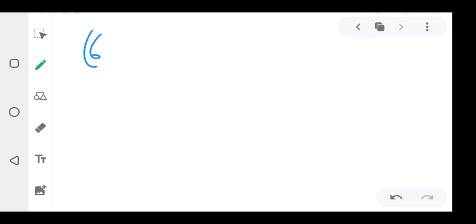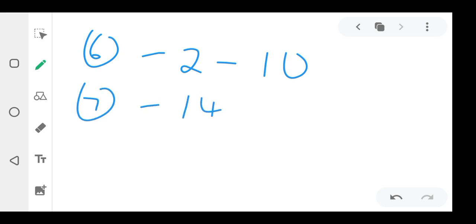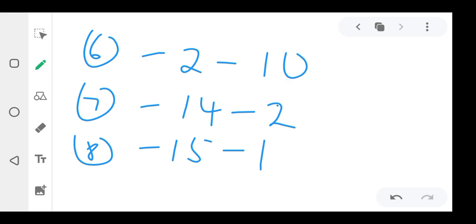Question 6. Negative 2 minus 10. Question 7. Negative 14 minus 2. Question 8. Negative 15 minus 1. Question 9.